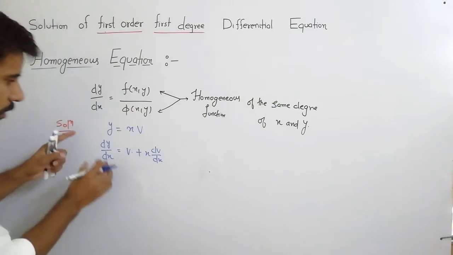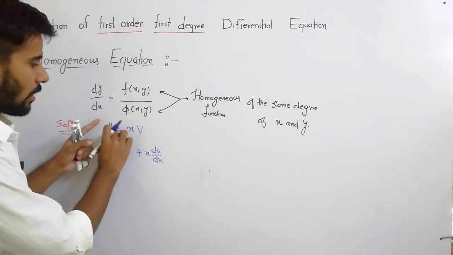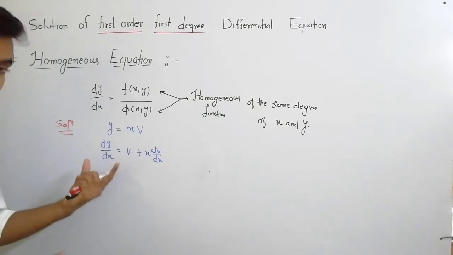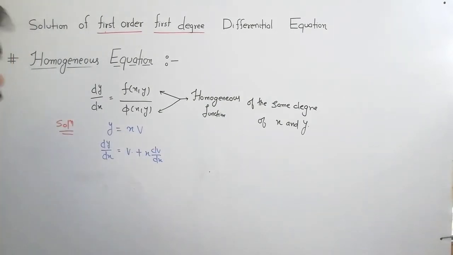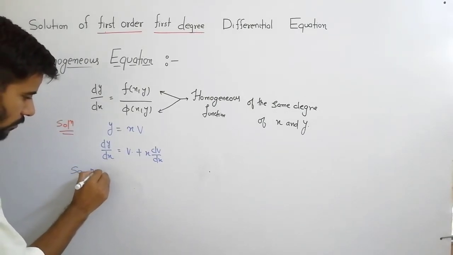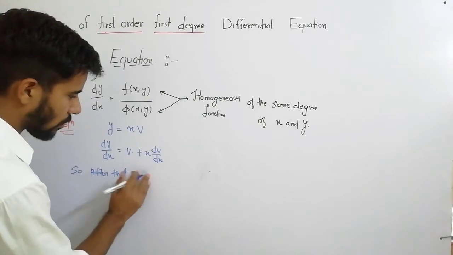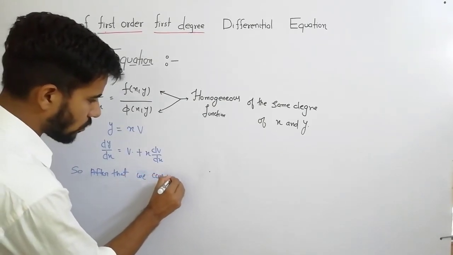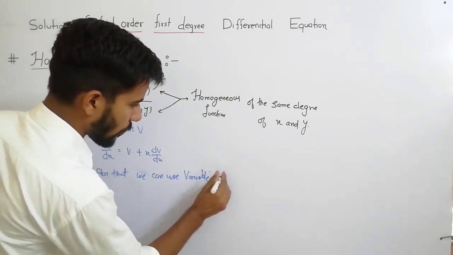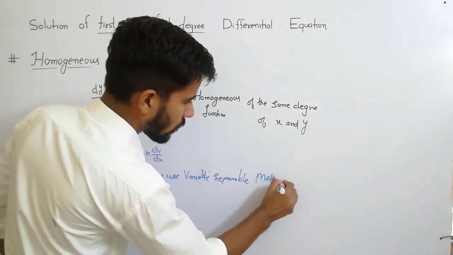If we put the value of dy by dx here, and v equals y upon x, then we can separate the equation in the form of x and v. After that we can use the variable separable method.